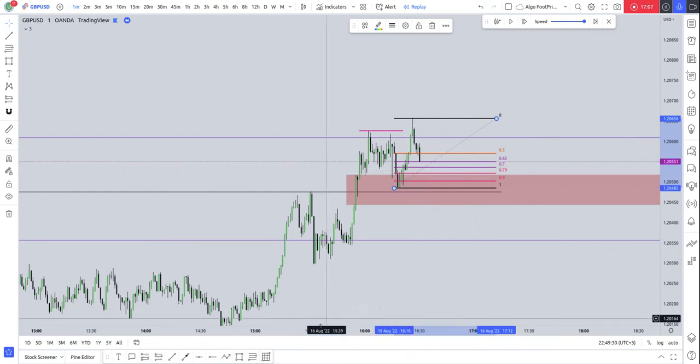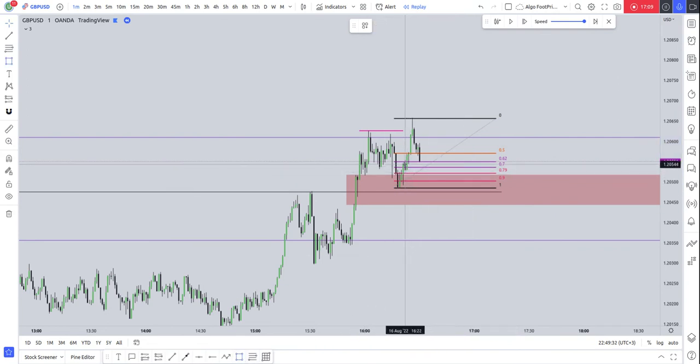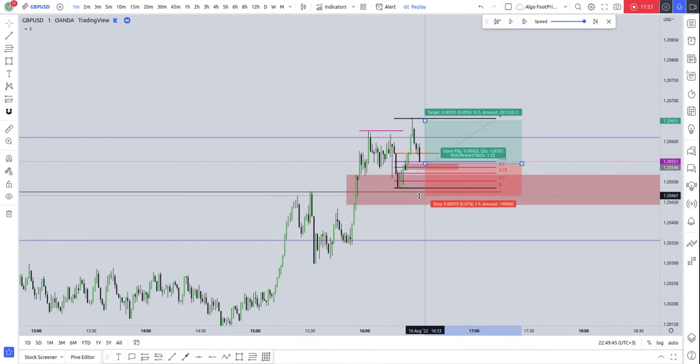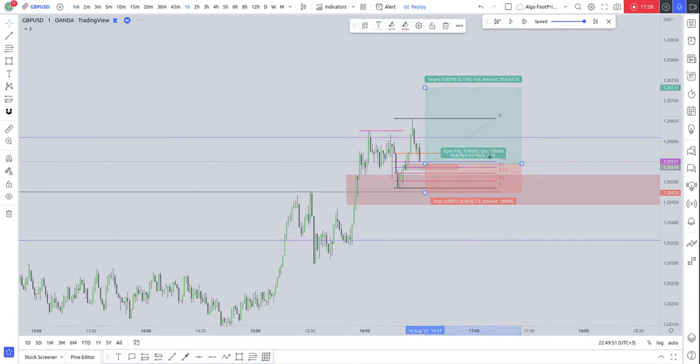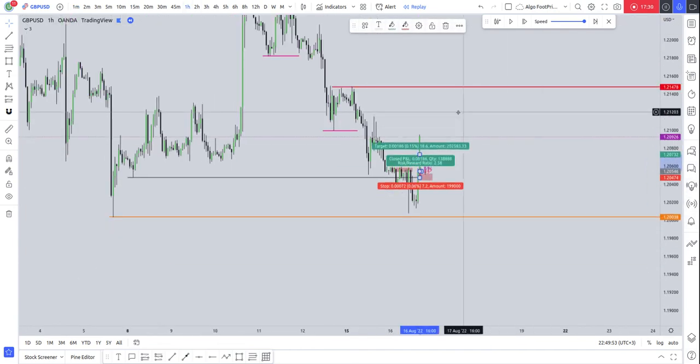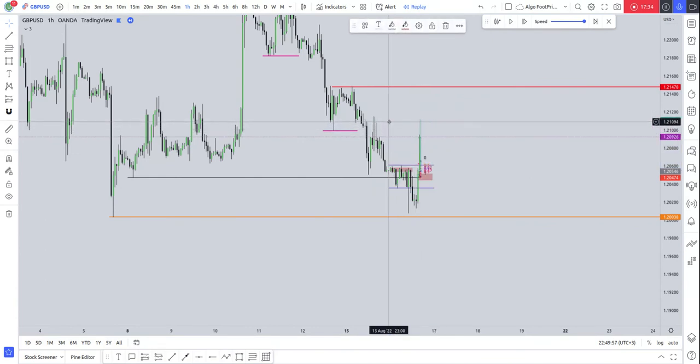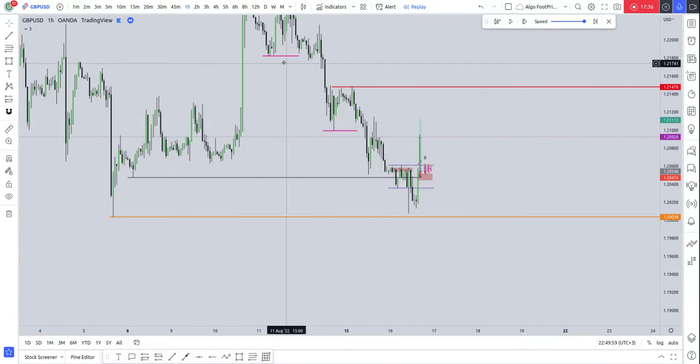We have an order block right here, and my entry was right here, my stop loss right here, and my target was these weeks.